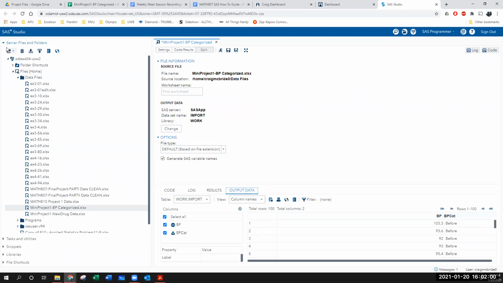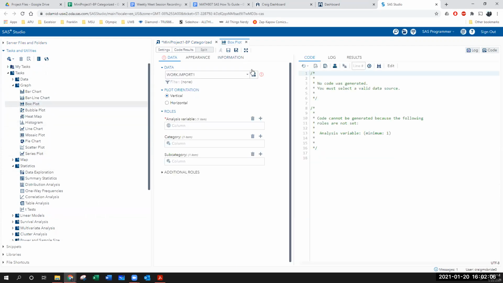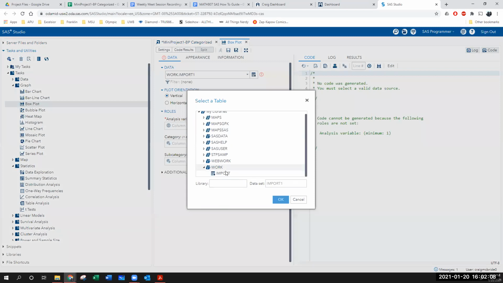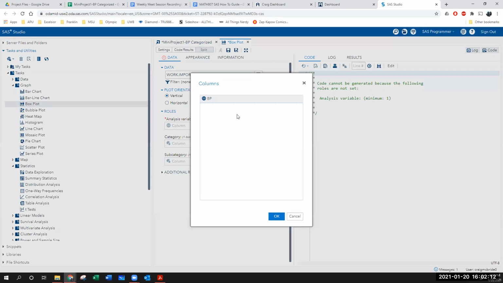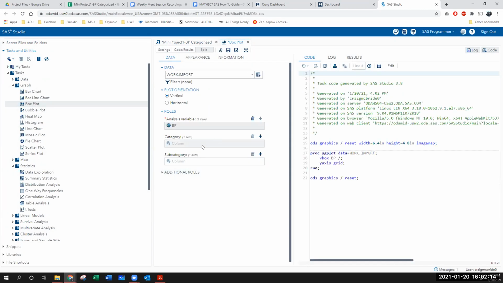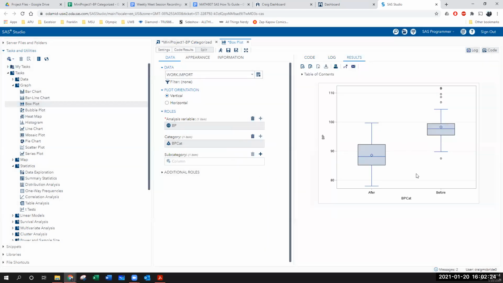Then go to tasks and utilities, go to your friend, the box plot, pick your import wherever you want. Your analysis variable, of course, is going to be BP. Then you have your category variable, and that's where you put BP cat. If you run that, you'll get both of them in one graph.